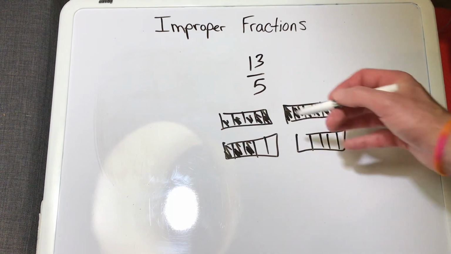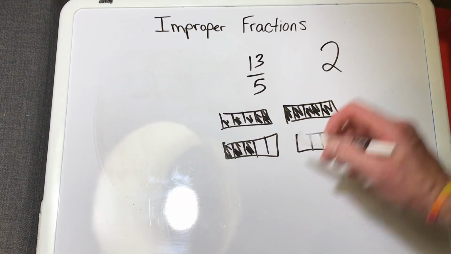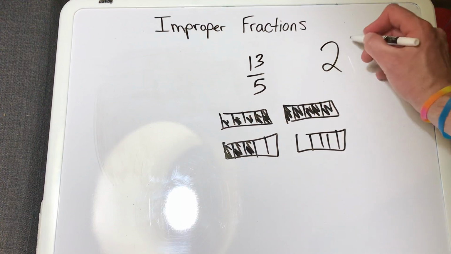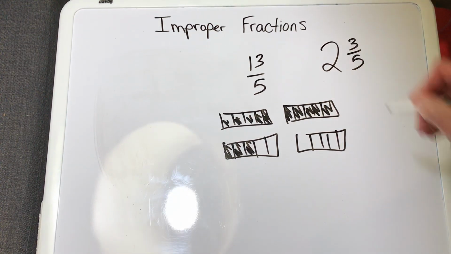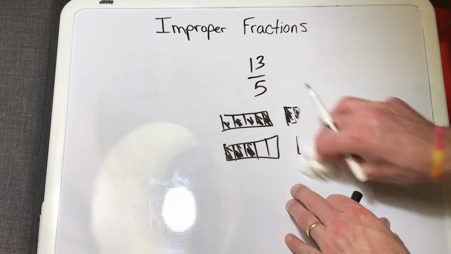And so if I look at this, I see I've got 2 whole chocolate bars, and I've got 1, 2, 3 fifths. So that's the math behind it.